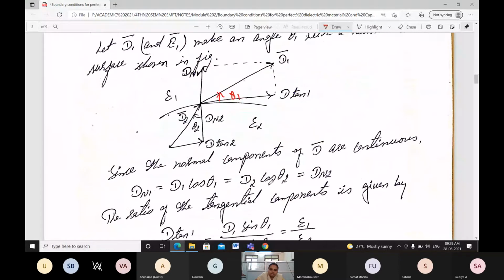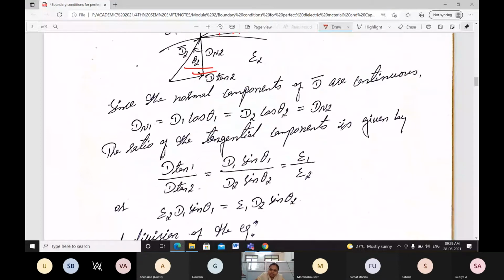Then since the normal components of D are continuous, I can write the equation as Dn1 is equal to D1 cos θ1, that is equal to D2 cos θ2, which is equal to Dn2.